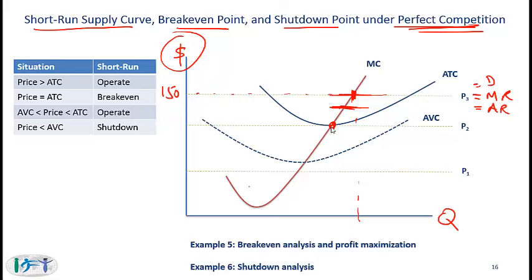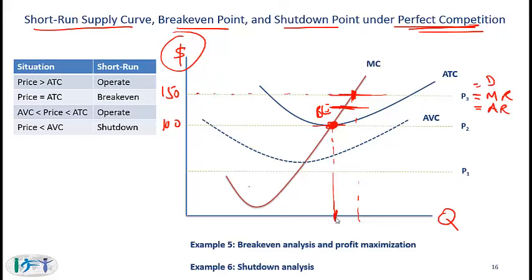Because here at a price of P2, let's say this is 100, the average total cost of 100 is equal to the average revenue, also 100, and therefore the profit is 0. This point then is called the break-even point, and the break-even quantity can be read off the quantity axis or the x-axis.